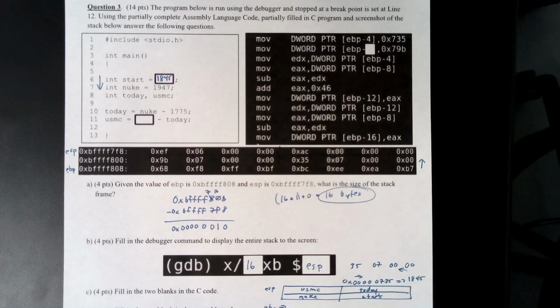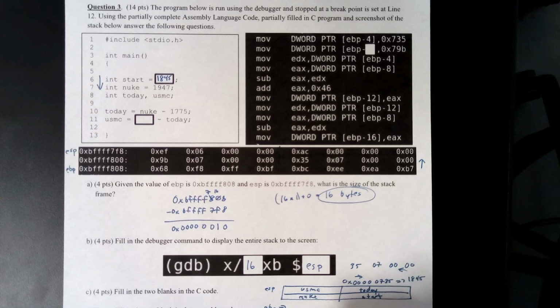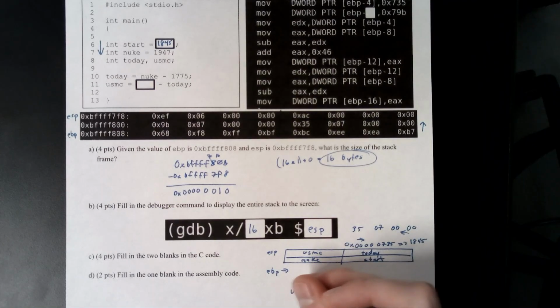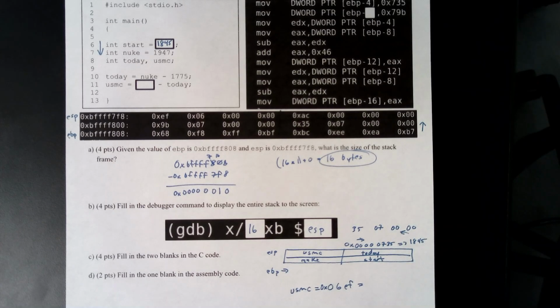So from that, then we need to figure out what the value of USMC is. Let's see what USMC is using the same logic. We look and we see 000006EF. So USMC equals 06EF, which is going to be equal to 0x6EF.